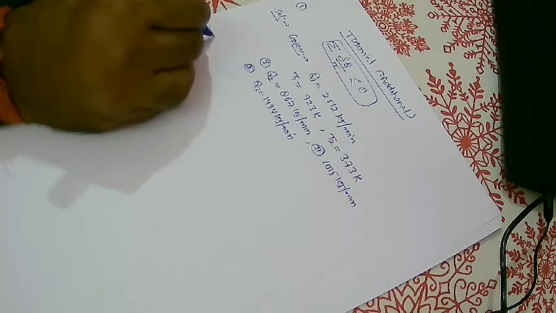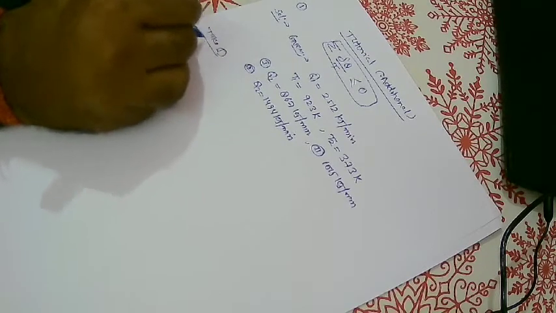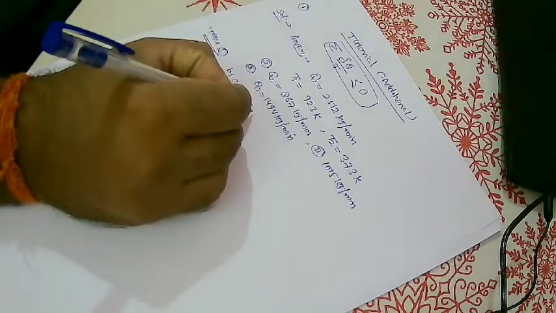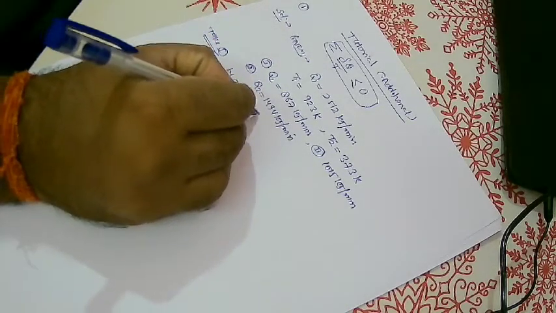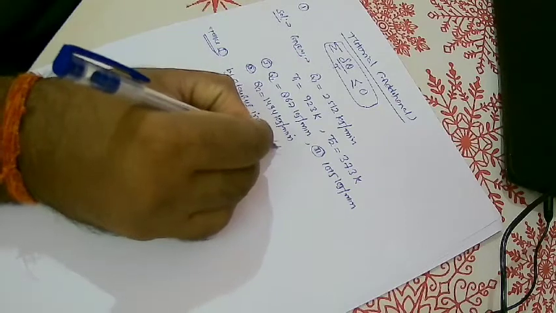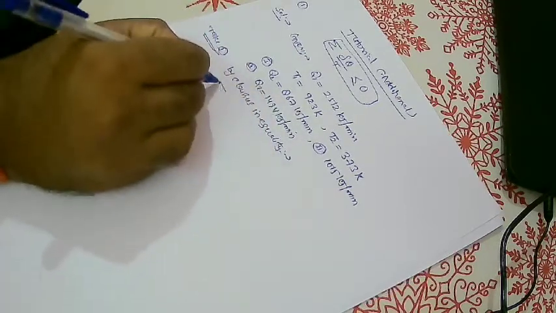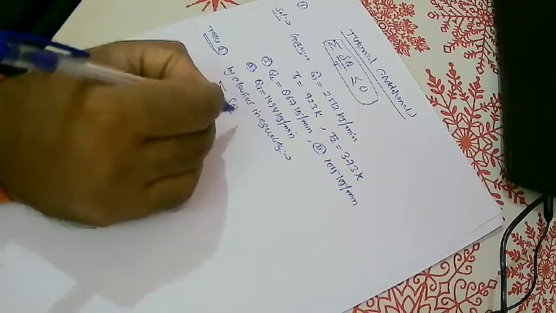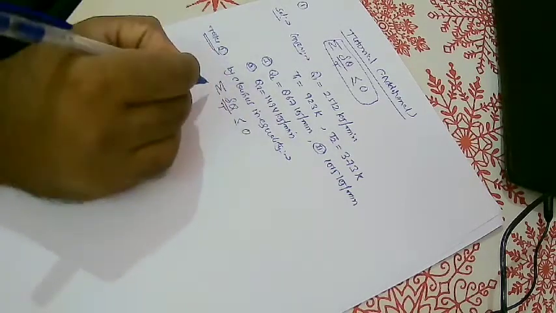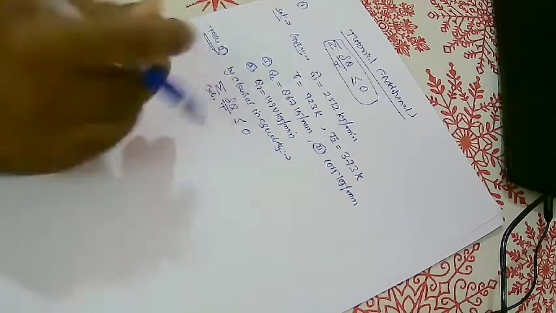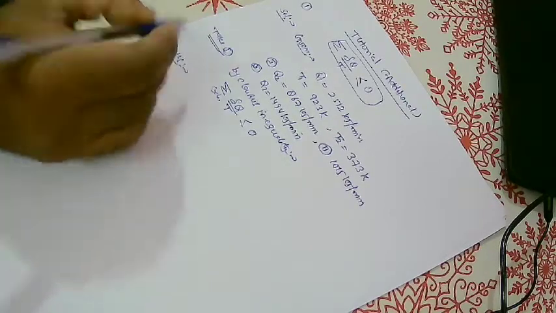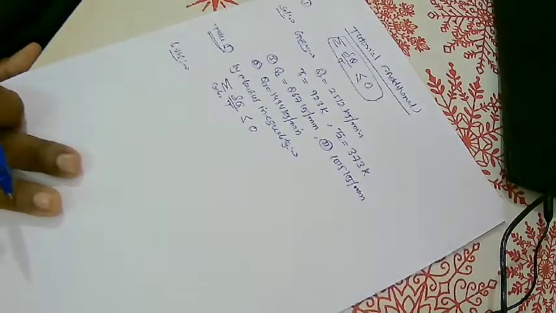Take the first case. By Clausius inequality, we can say the algebraic summation of dQ by T should be less than or equal to 0. This is for a cycle, so let us focus on the left hand side. Heat addition is positive and heat rejection is negative, that is well understood.